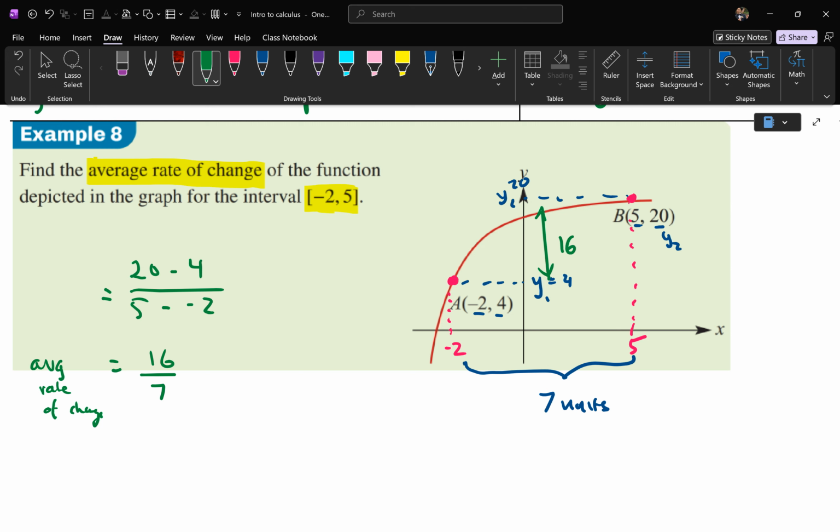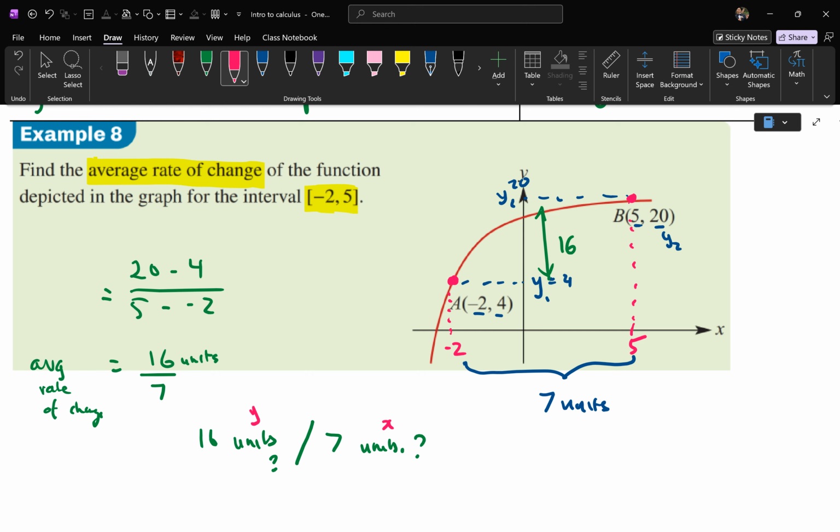I don't know what that number actually represents, and maybe the -2 doesn't make sense with time. Can't have -2 time. But the idea is that that's what the rate means. So whatever this unit is on the top, that's 16 units per 7, whatever these units represent. Okay, so this is your y-axis and this is your x-axis.